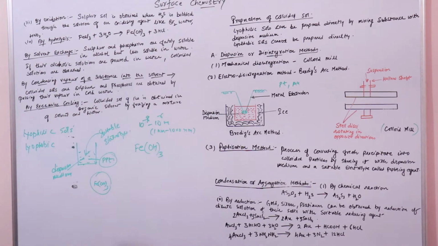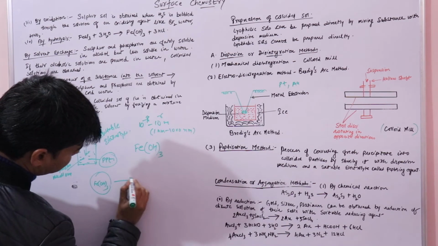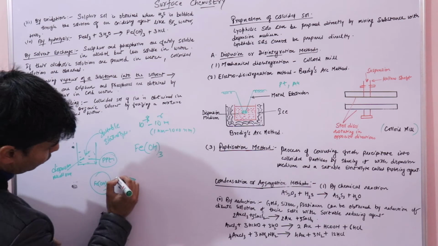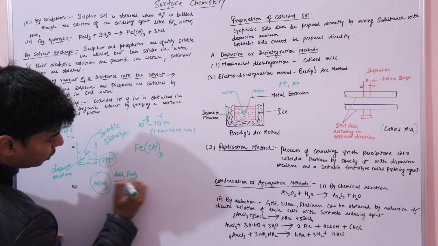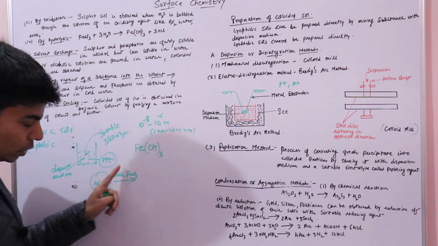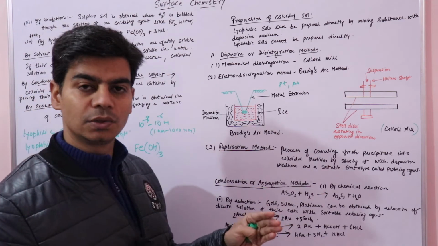When you add a small quantity of ferric chloride solution to this freshly prepared precipitate of ferric hydroxide, here this ferric chloride solution is acting as an electrolyte.